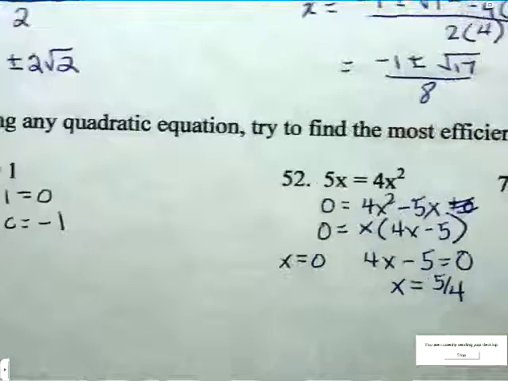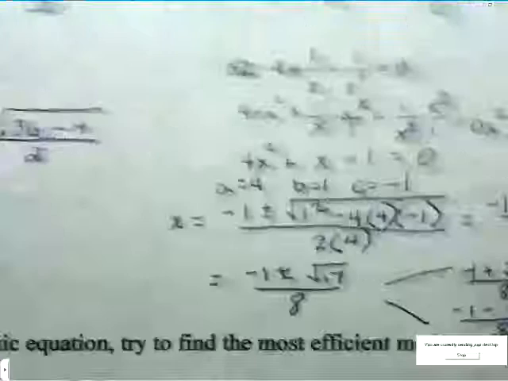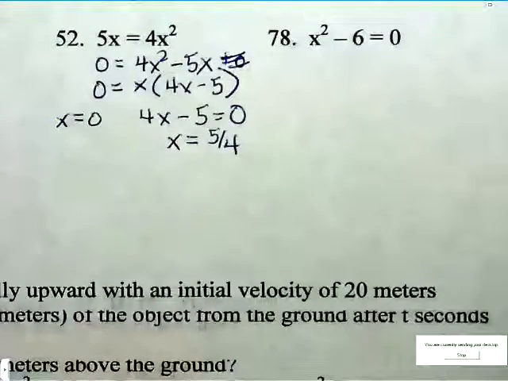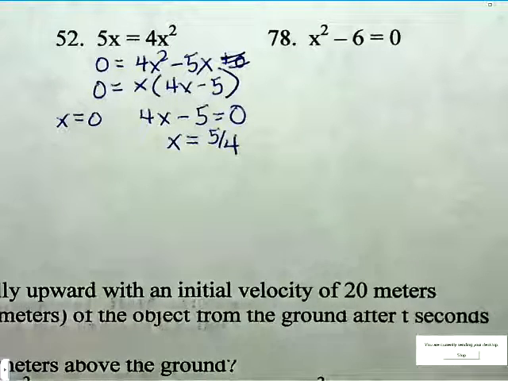One more, 78. It's a quadratic equation. It's in standard form. Can I factor it? No. Can I use the square root method? It's missing the x to the first term. So you can use the square root method.